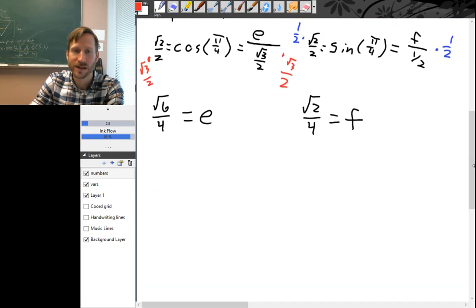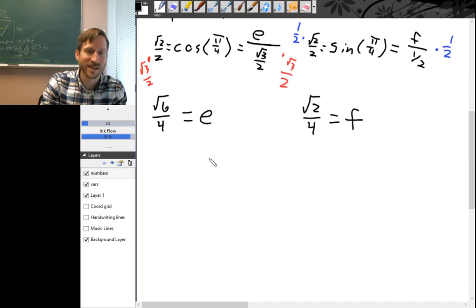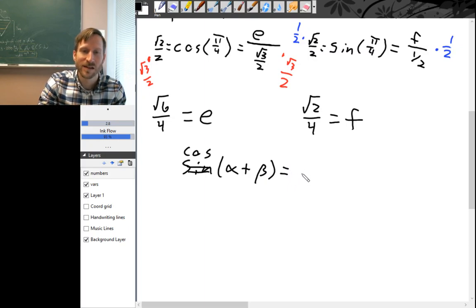So the upshot of this is that the sine of alpha plus beta, I'm sorry, we're doing cosine this time. The cosine of alpha plus beta is e minus f. So that's going to be root 6 minus root 2 over 4.